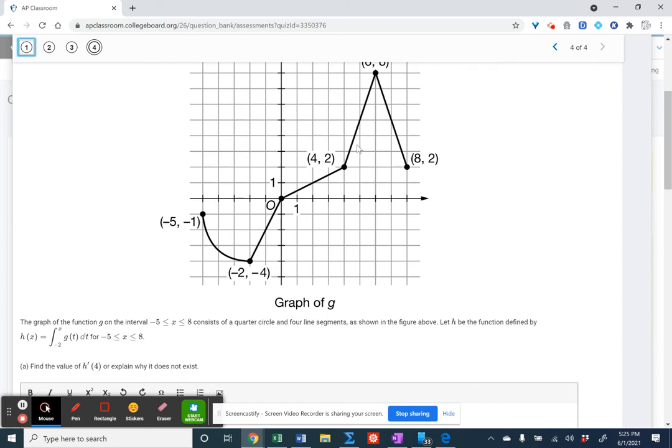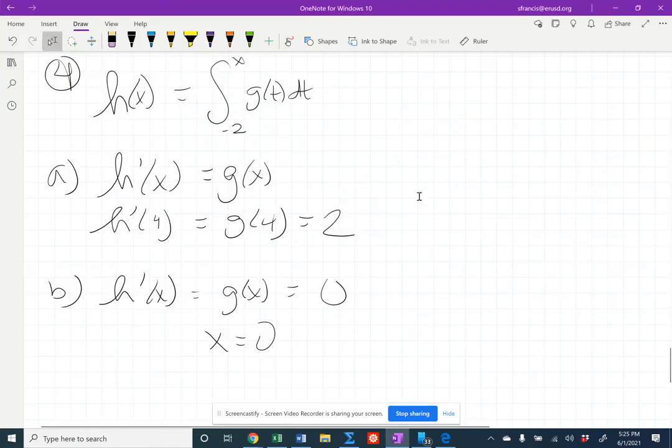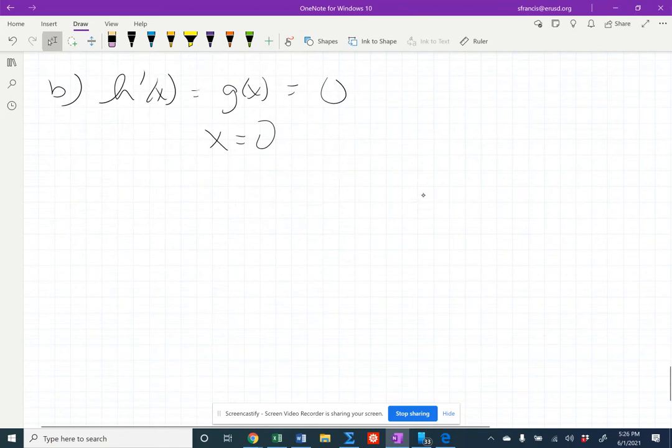So you could use the first derivative test for absolute extrema to argue that there's an absolute minimum at x equals 0, or you can do what they call candidate testing, where you're testing the endpoints and then testing the critical numbers and seeing which one's largest and smallest. Most of us did that, and so I want to run through that one really quickly.